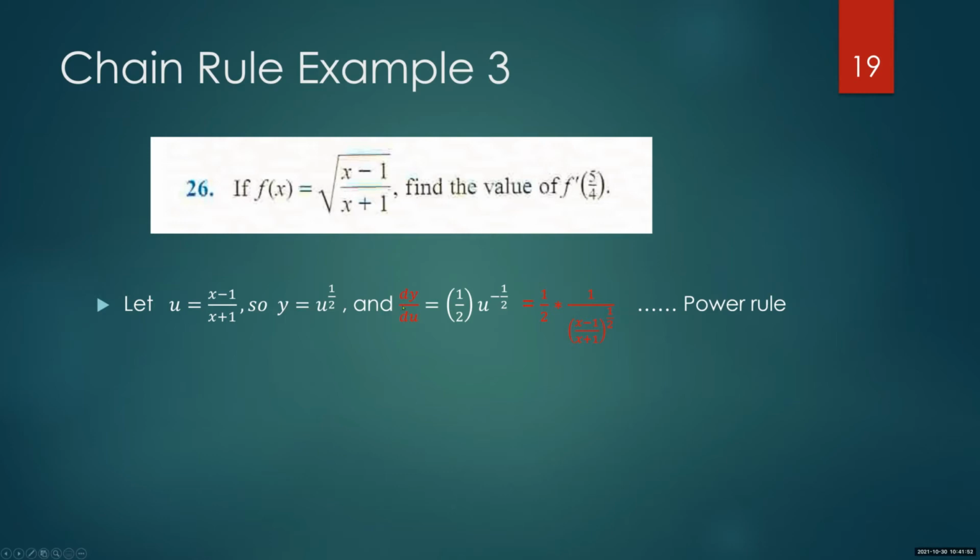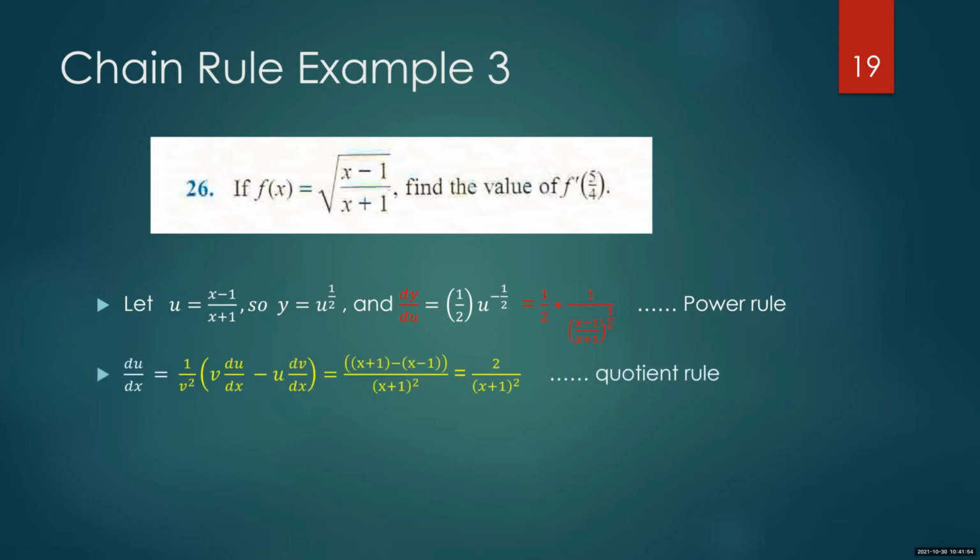Now we want to find du dx. So for du dx, we use the quotient rule, and I've included the quotient rule here: it's 1 over v squared times v du minus u dv. V in this case is the x plus 1, so it's x plus 1 squared under the line.